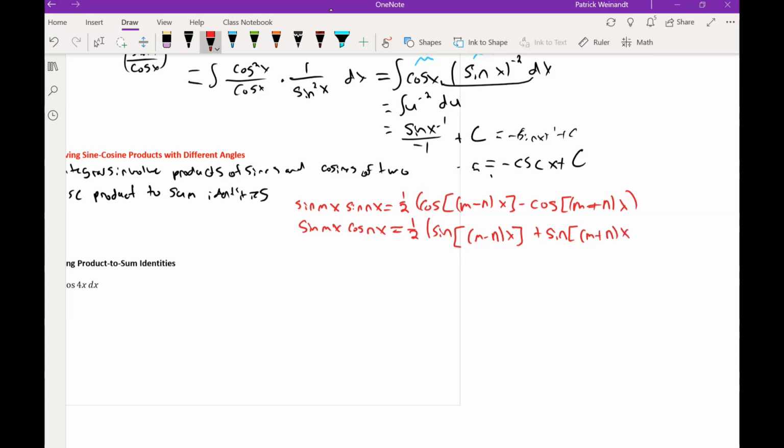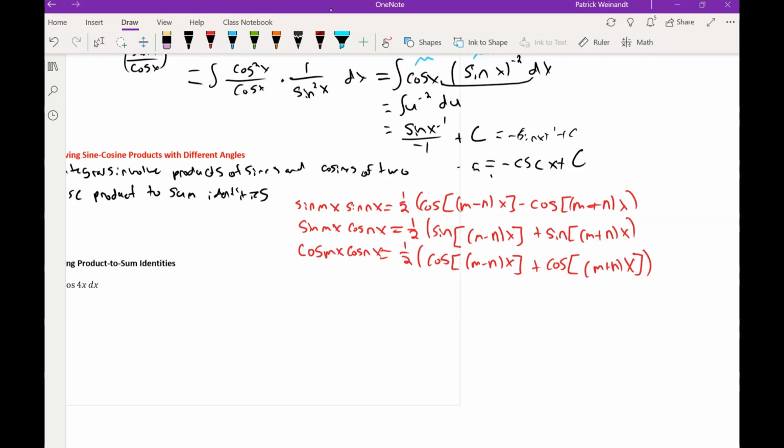And our last case, cosine. If I have cosine of two different angles, cosine mx times cosine nx, that's going to be equal to 1/2 times cosine of the difference of those angles times x, plus cosine of the sum of those angles times x.